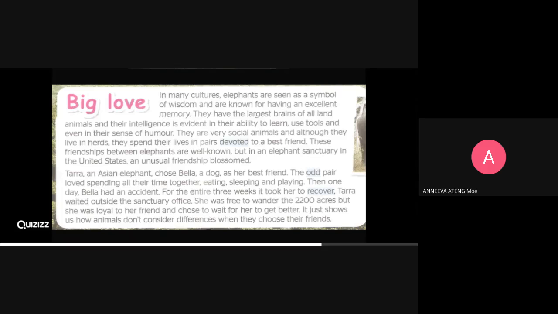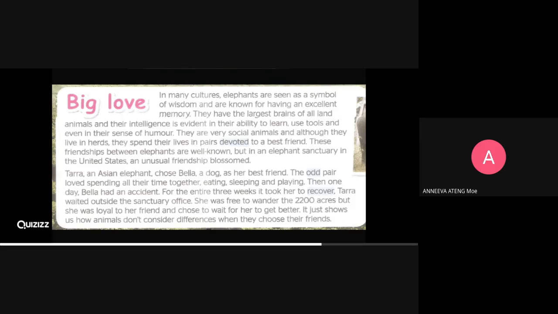These friendships between elephants are well known, but in an elephant sanctuary in the United States, an unusual friendship blossomed. Tara, an Asian elephant, chose Bella, a dog, as her best friend. The odd pair love spending all their time together, eating, sleeping, and playing. One day, Bella had an accident.